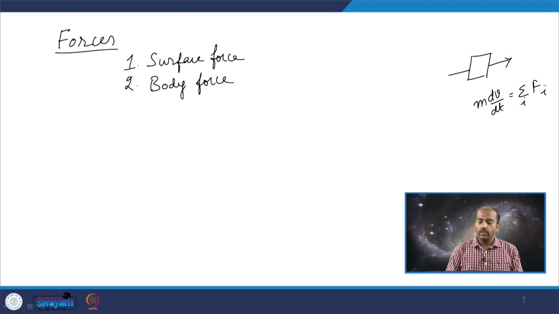So the objective is, if the motion of this object is to be understood, then the rate at which the velocity of the object changes is equal to the sum of all the forces. Many different types of forces can exist.